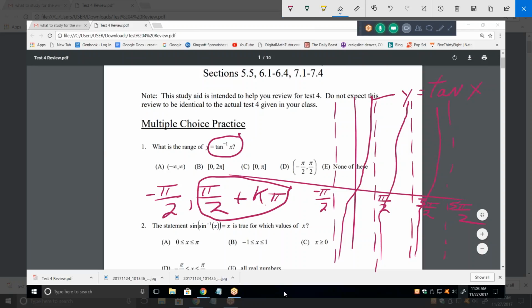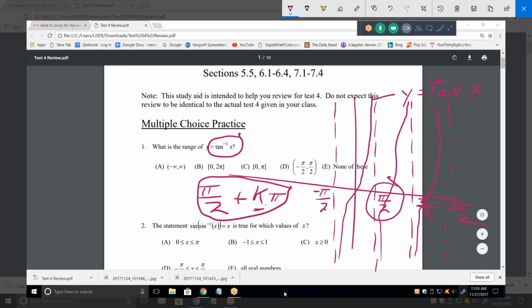In other words, if I'm trying to describe the domain of tan x, then it's pi over 2 plus k pi, where k means all the integers from negative infinity to positive infinity. And you'll notice that every one of these asymptotes, this first asymptote, is when k is 0.